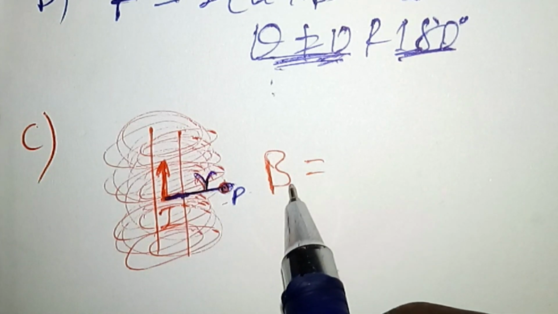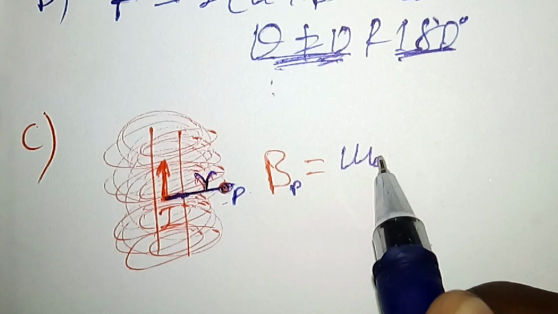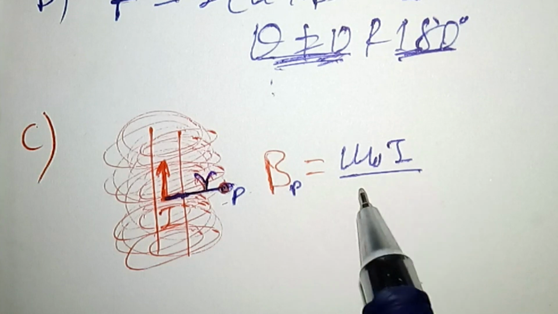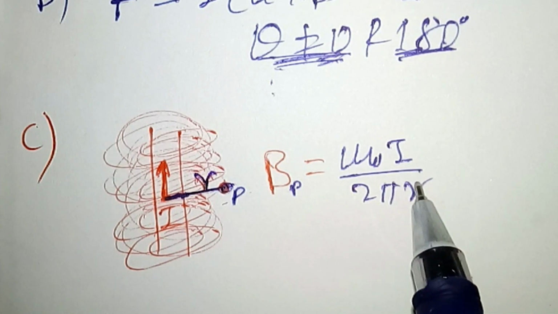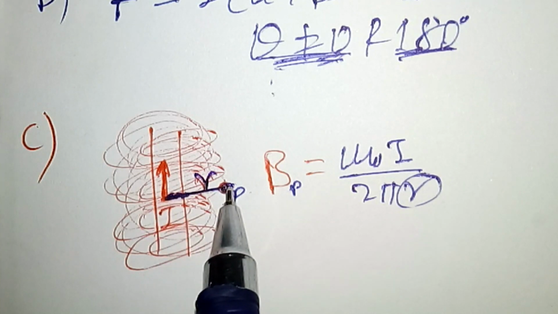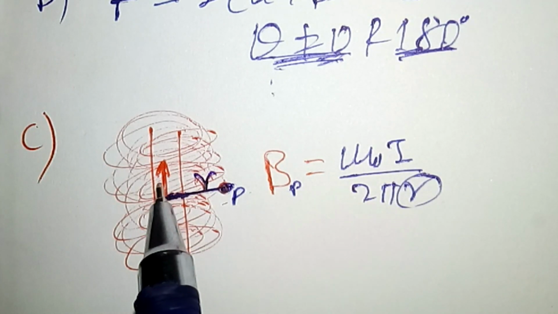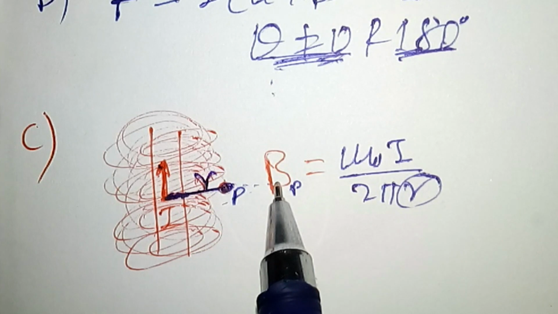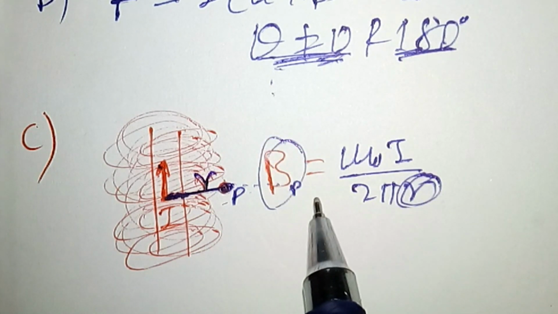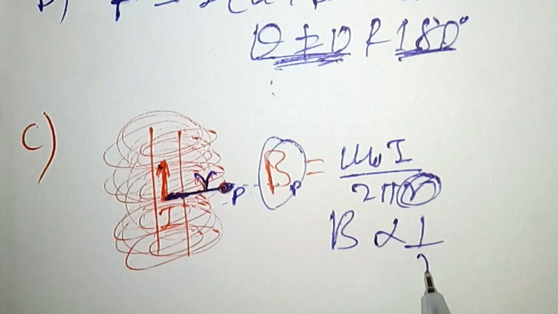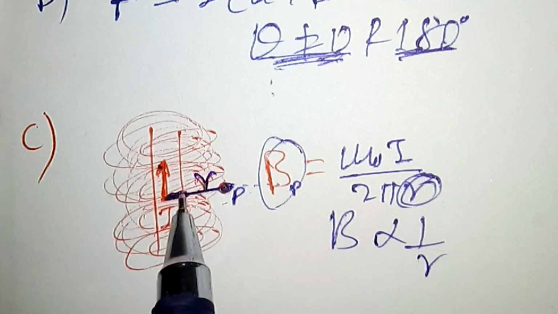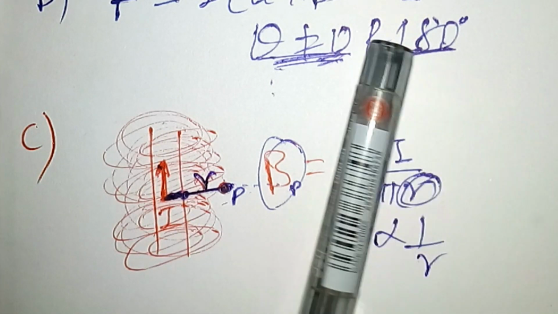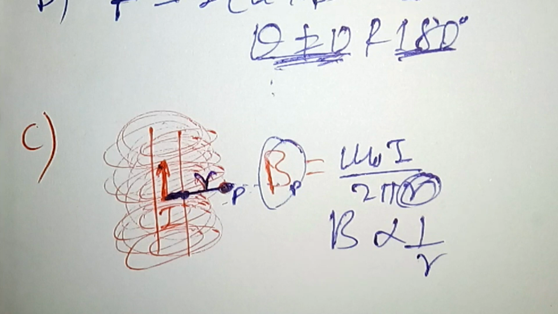The magnetic field strength at point P is mu naught times the current in the wire, divided by 2 pi times r, where r is the distance from the wire to the point. So the magnetic field around the wire is not uniform, because as we go further away from the wire, the field strength reduces. B is inversely proportional to r, so it is not constant. So alternative C is not correct, because a uniform magnetic field cannot be created around a current carrying conductor.